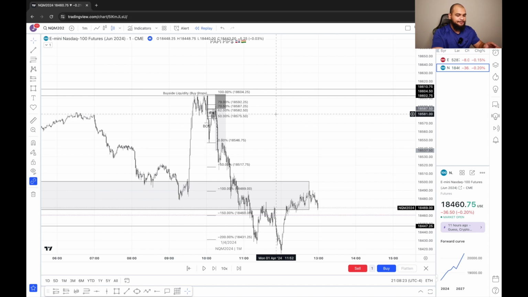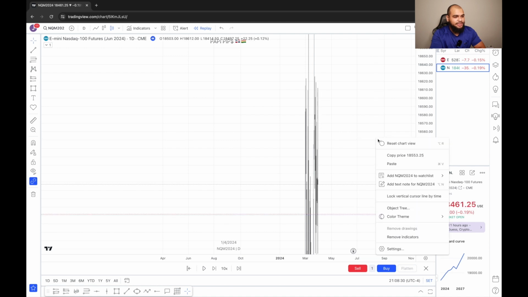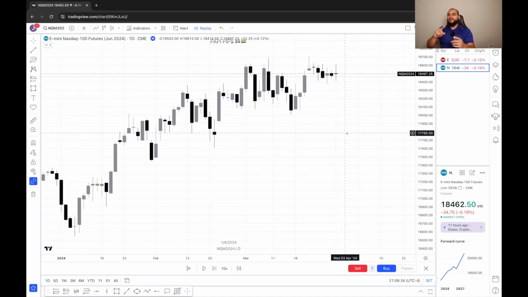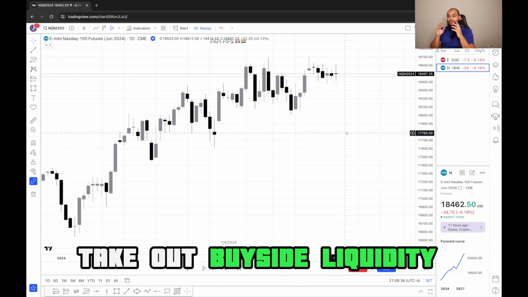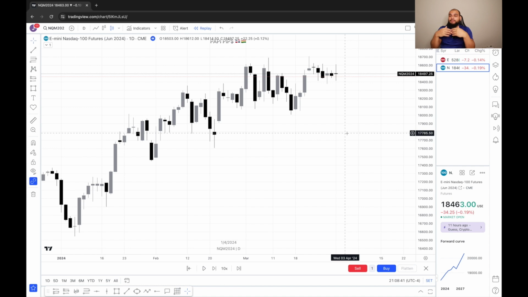Alrighty. Last thing I want to go over. Let me go back to that daily time frame and remove the drawings. Let's reset this. Okay. Last thing I want to go over is that price has to take out buy side liquidity in order to be bearish, and then price has to take out sell side liquidity in order to be bullish. Now I'll show you this example.